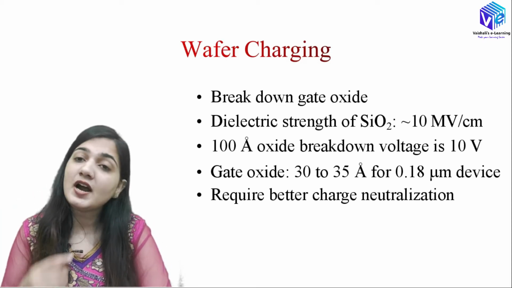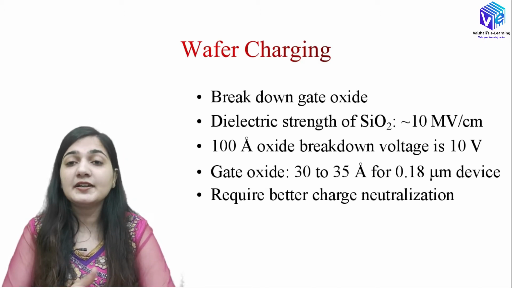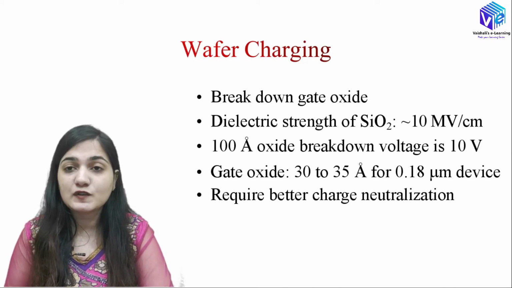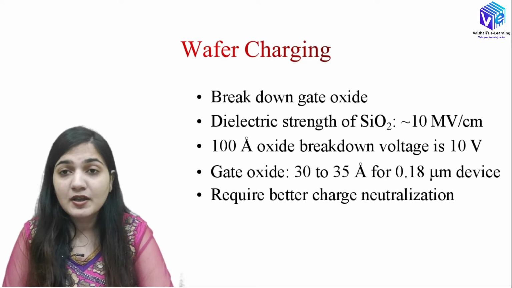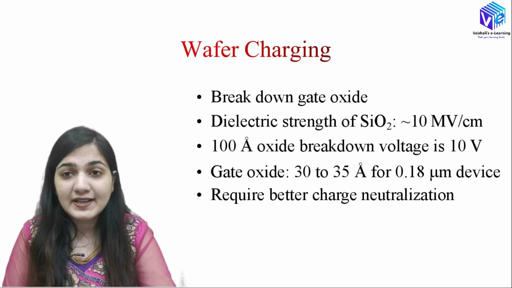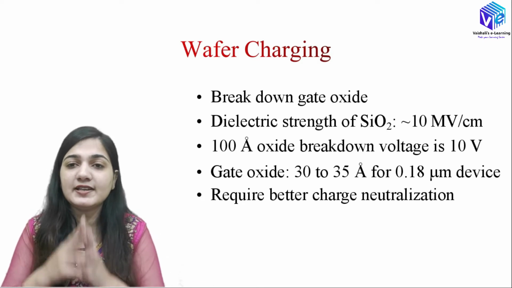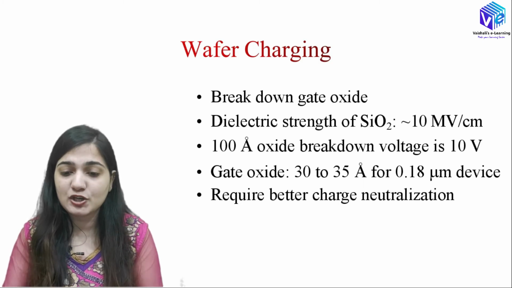If I have only 100 angstrom thick silicon dioxide, then the breakdown voltage becomes really low, around 10 volt, which is the normal operating voltage. You can understand, if I am just supplying 10 volt, the silicon dioxide will break down. This is a very big issue.